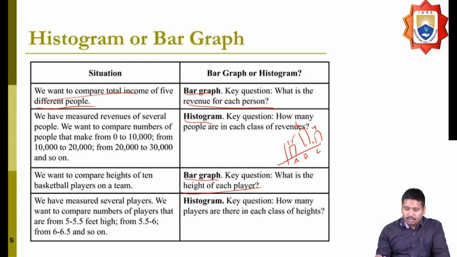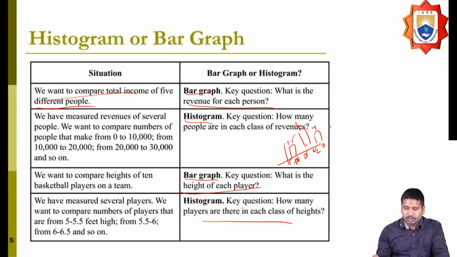Suppose the same question is instead: how many players are in the height class of 5.5? In the height of 5.5, how many players are there? I can segregate the class intervals like 5 to 5.5, 5.5 to 6, 6 to 6.5, and 6.5 to 7.